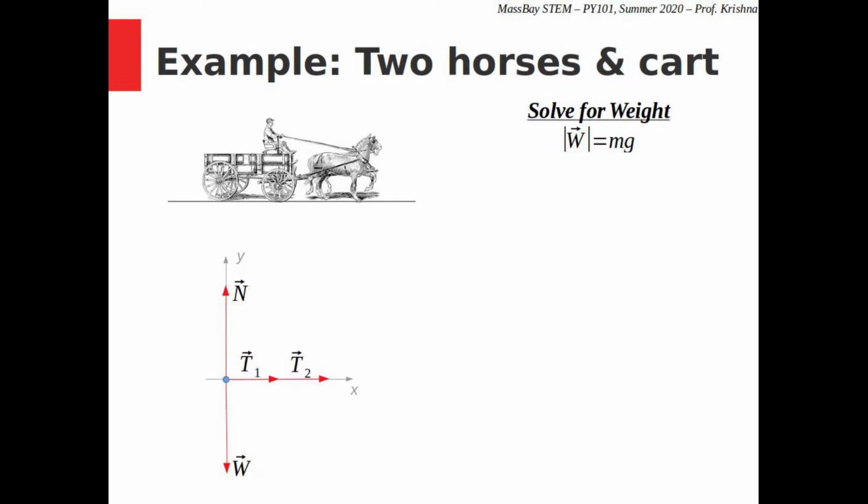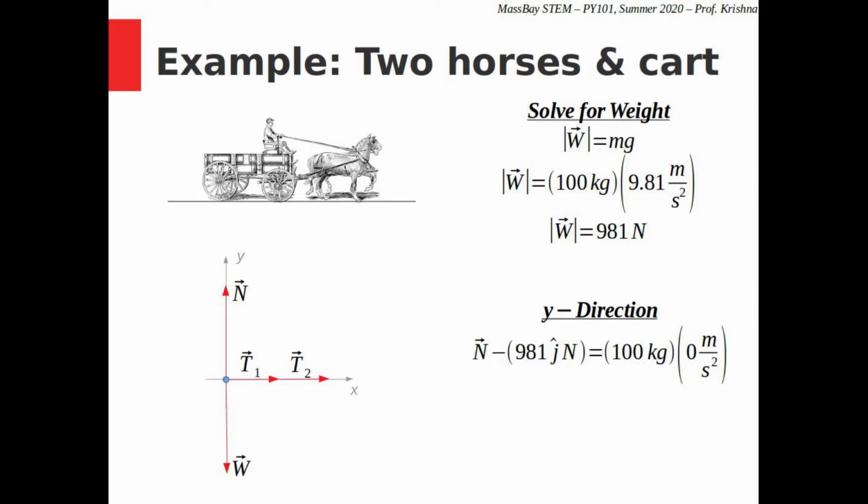And we can solve for the weight of the cart using W equals mg. It works out to 981 newtons. We put this information into the force balance. Step 7. We solve for the normal force. A little algebra and we get 981 newtons. That accounts for the forces in y.